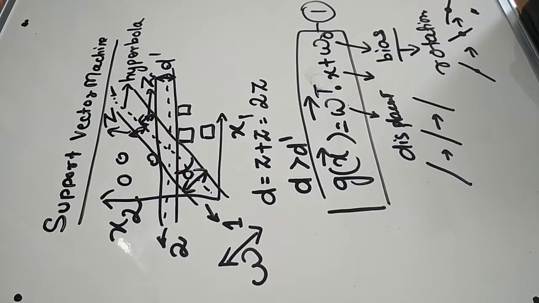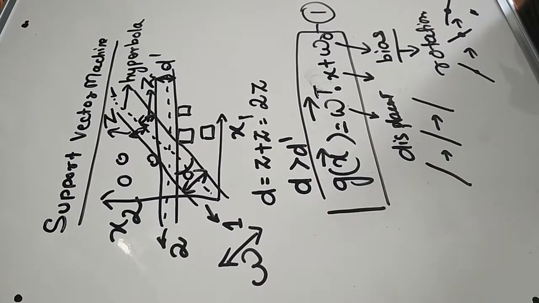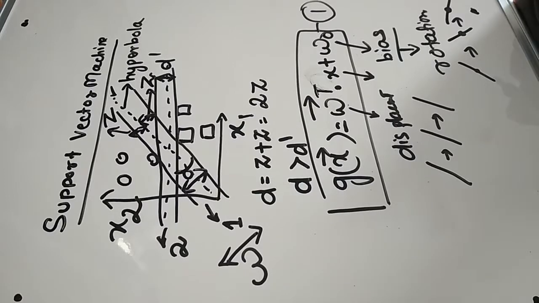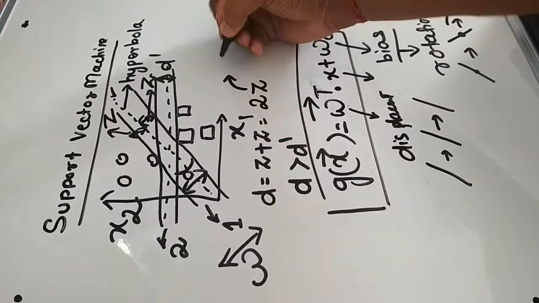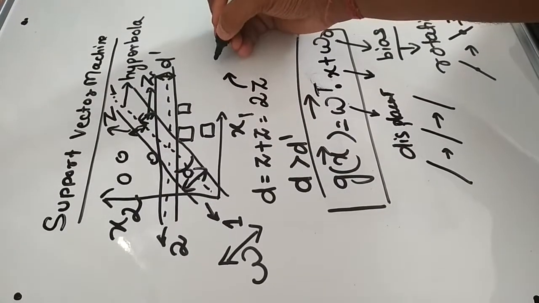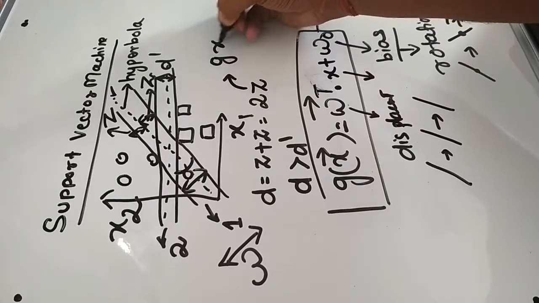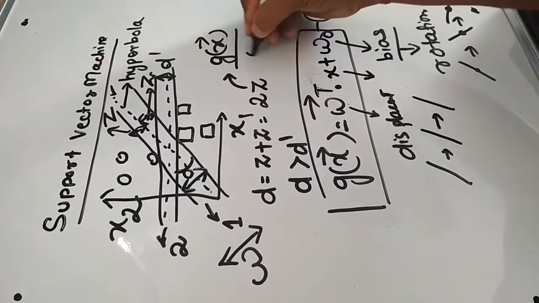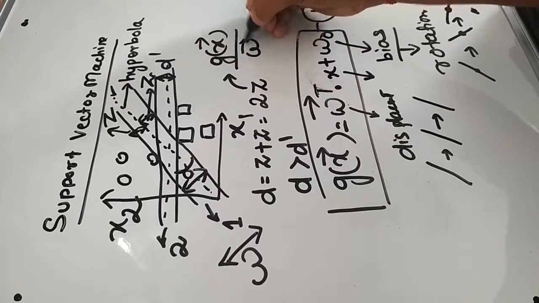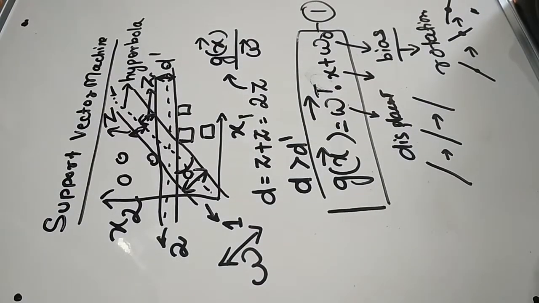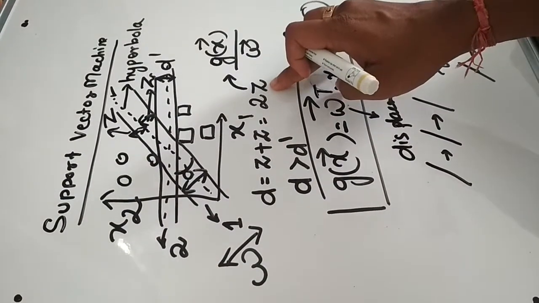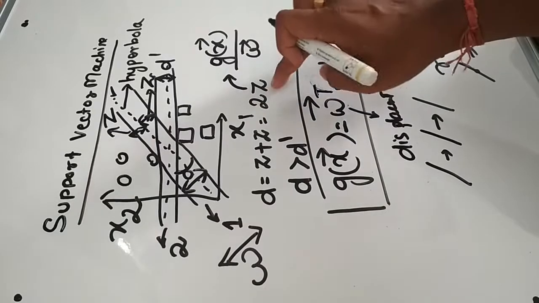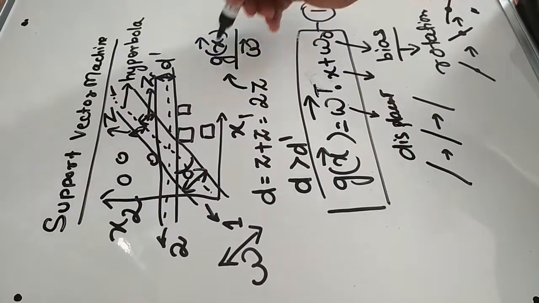From this equation we can see that the value of z can be represented by g(x) divided by the norm of w. Here z is a distance, and in the hyperplane we can calculate the distance z by this equation.